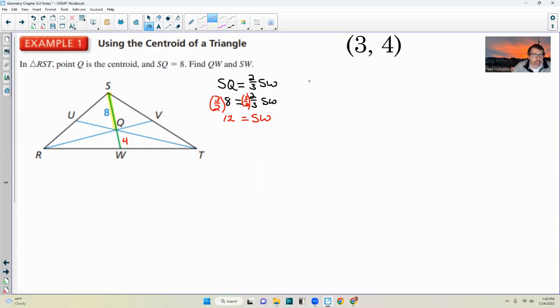So if I wrote that, I could say QW equals SW minus SQ. And I was given SQ to be 8. We found SW to be 12. So QW equals 12 minus 8. QW equals 4. So now you should be able to do problem numbers 3 and 4 in the exercises.